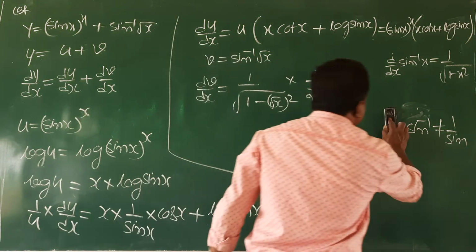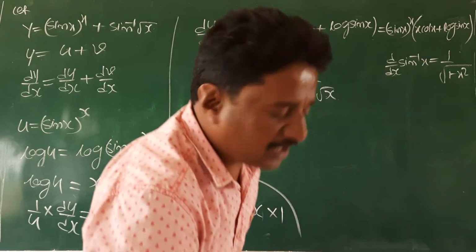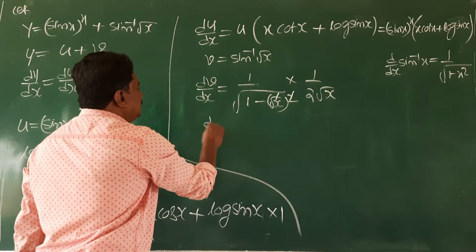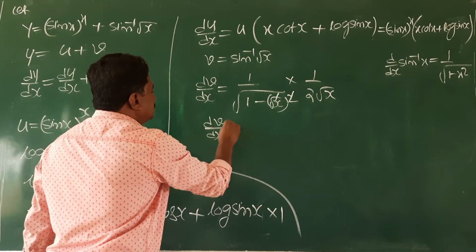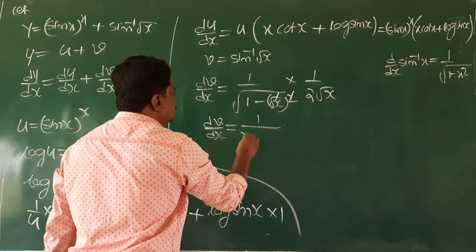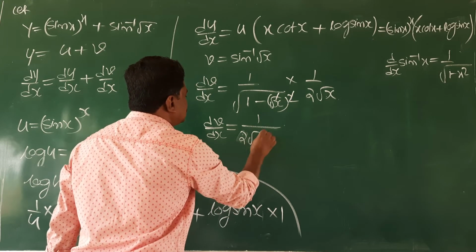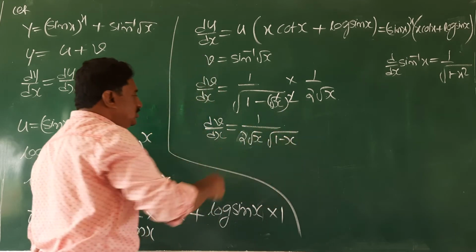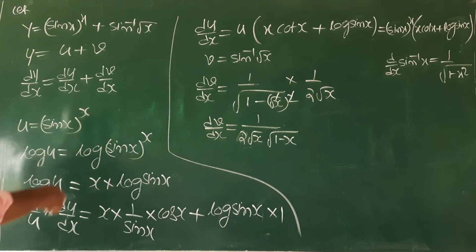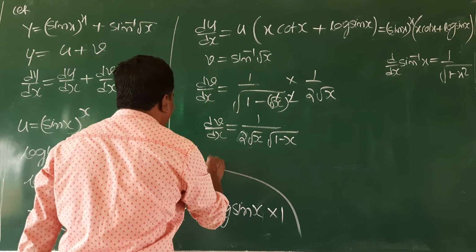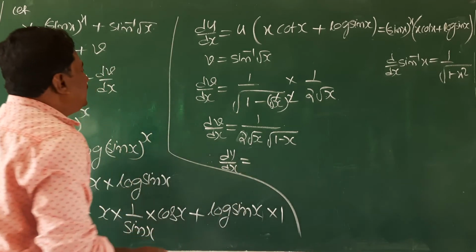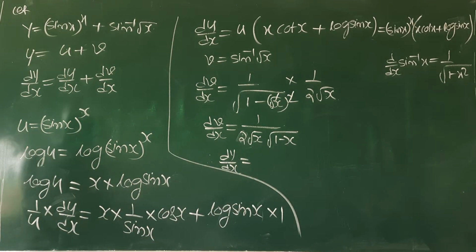So come to this, students. The square root gets cancelled. Write that neatly: dv by dx is 1 by 2 root x into root 1 minus x. Now you write dy by dx. dy by dx is du by dx plus dv by dx.